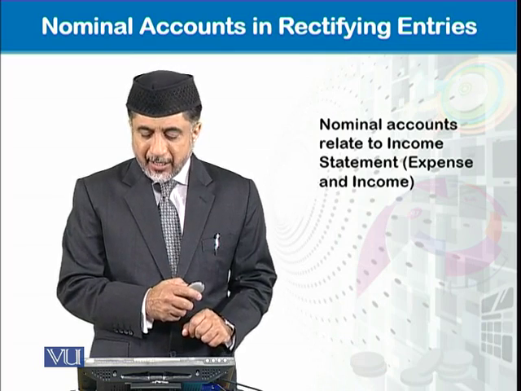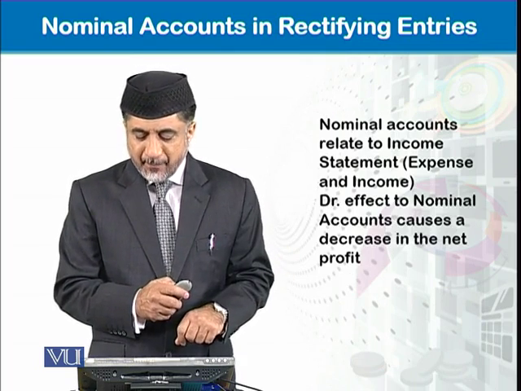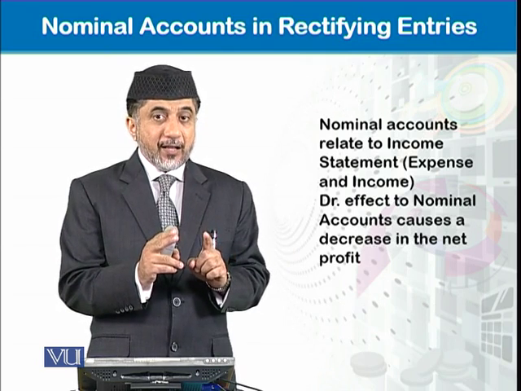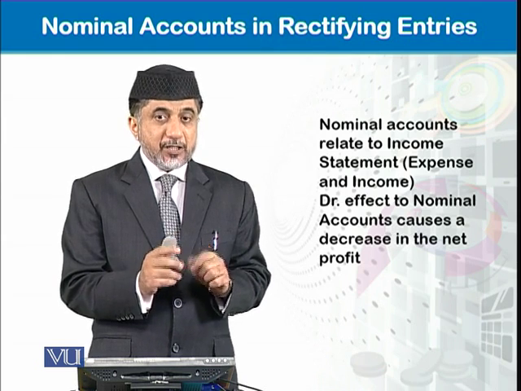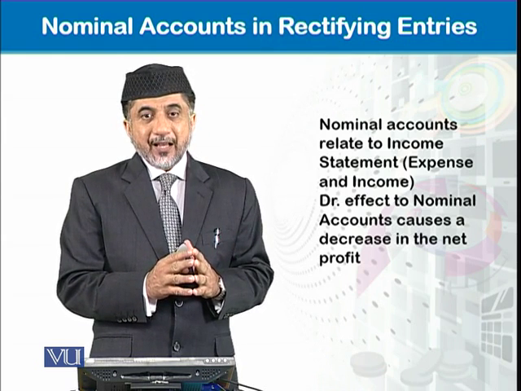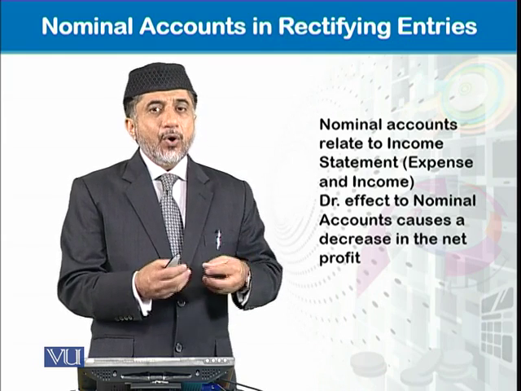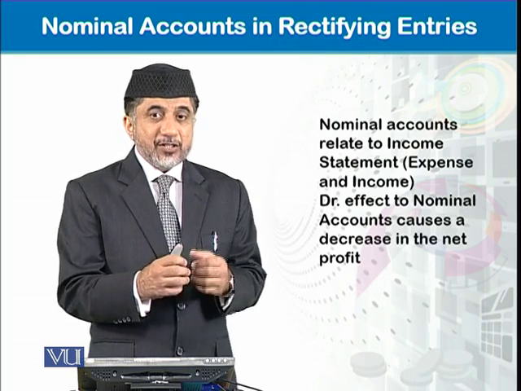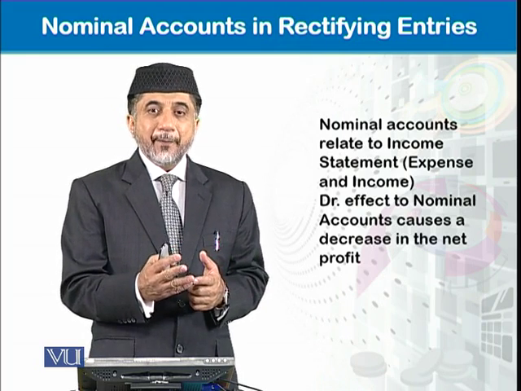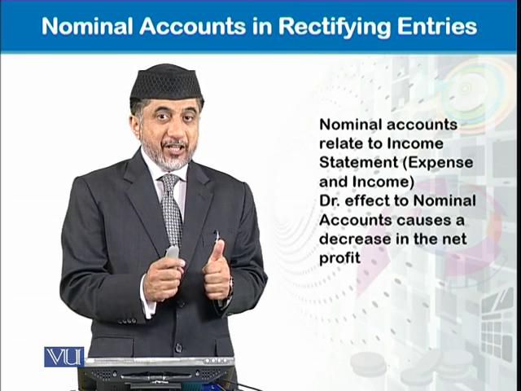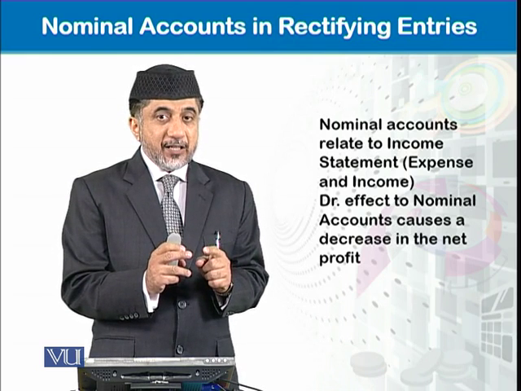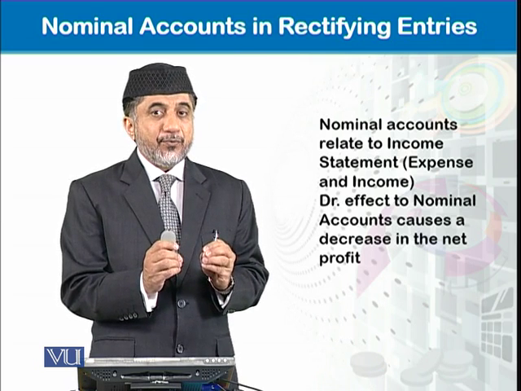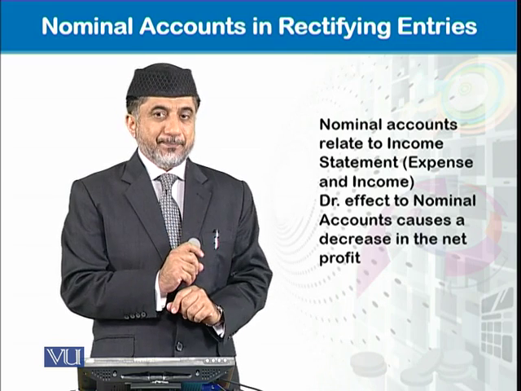So nominal account heads relate to incomes and expenses, and if in the rectifying entry, the nominal account head is being debited, either that is expense or that is income, or any contra to that expense or any contra to that income, it means it will ultimately cause a decrease in the net profit that we have already worked out.